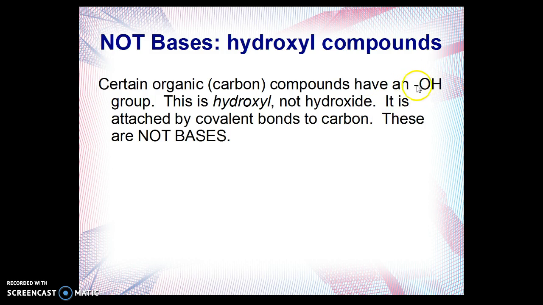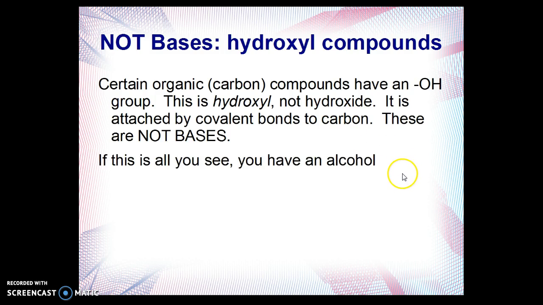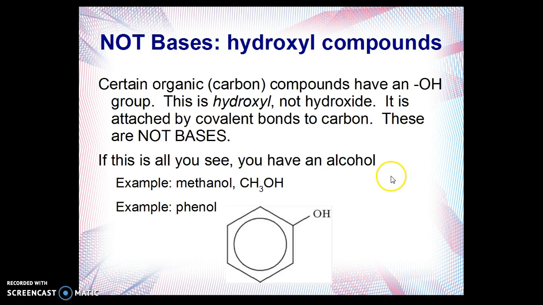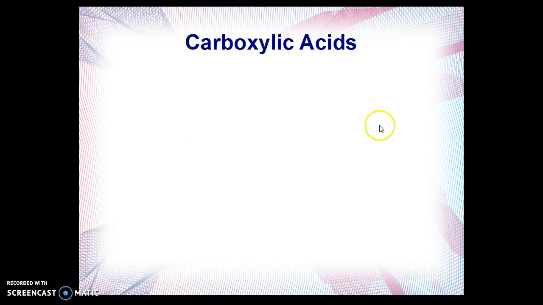This bond between the oxygen and the carbon is covalent, a sharing of 2 electrons. So again, if you've got C with an OH, you're actually looking usually at an alcohol. Methanol, phenol, C6H5OH, those are alcohols. And quite frankly, they are very, very weak acids.